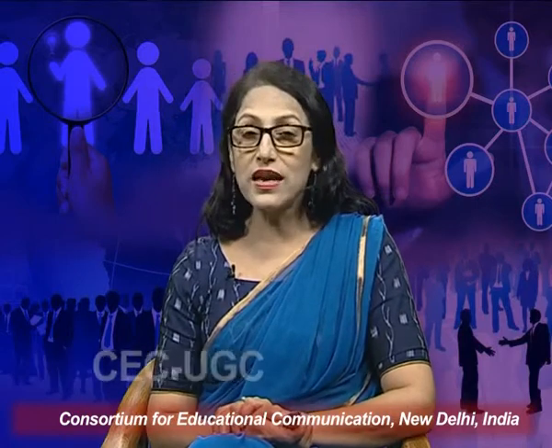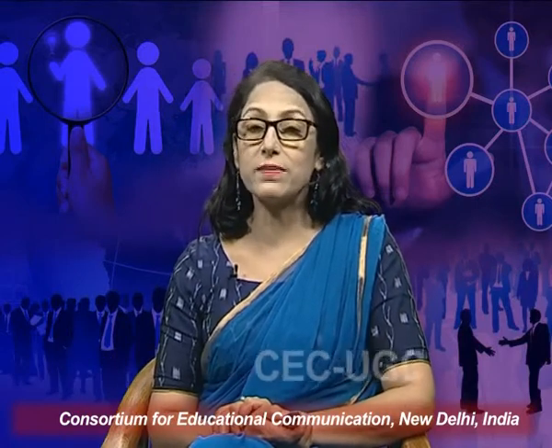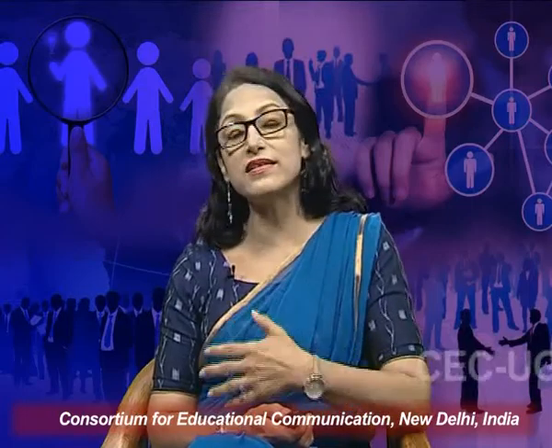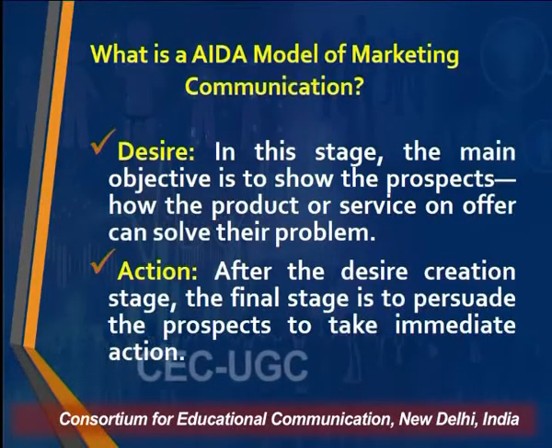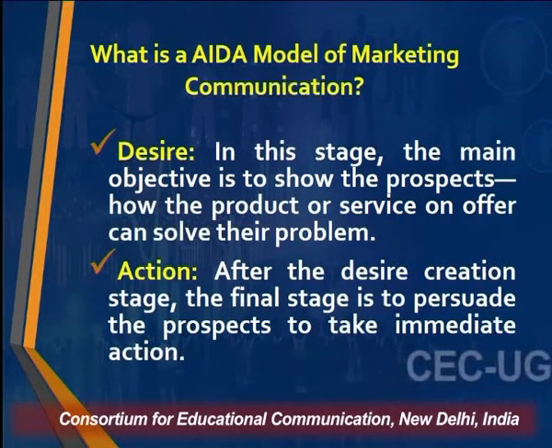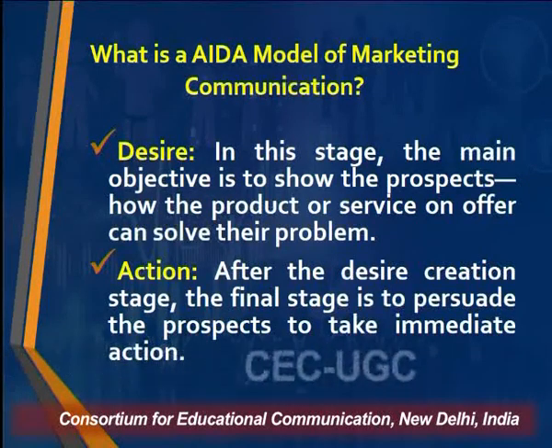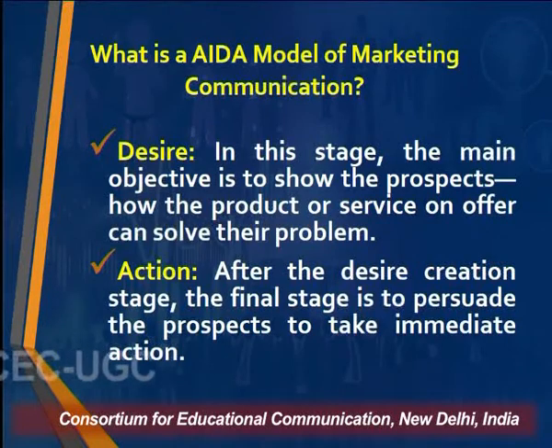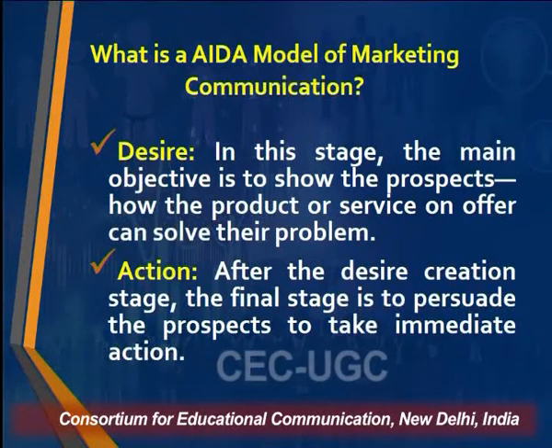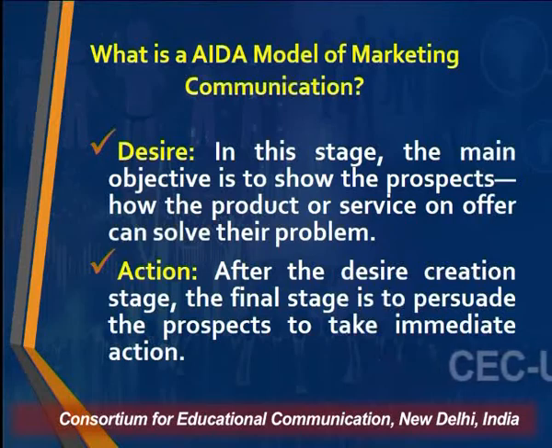The fourth stage is the action. We expect finally, as I said, it's a persuasive framework. In the fourth one, action part, I am creating a desire of the person to purchase that product. So I am expecting the person to take some action.